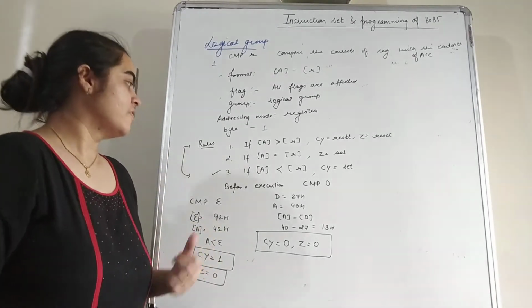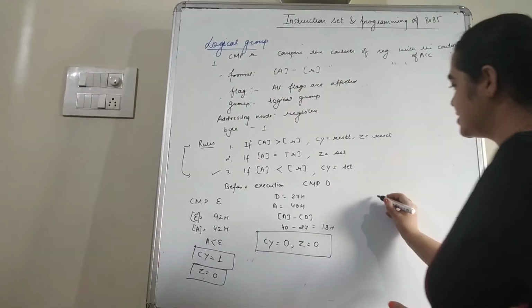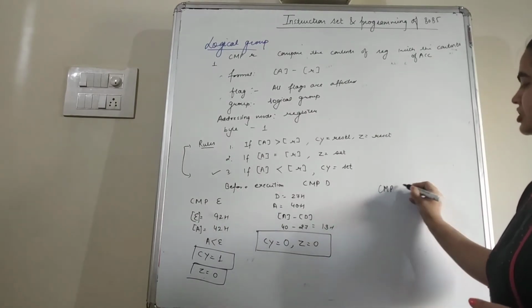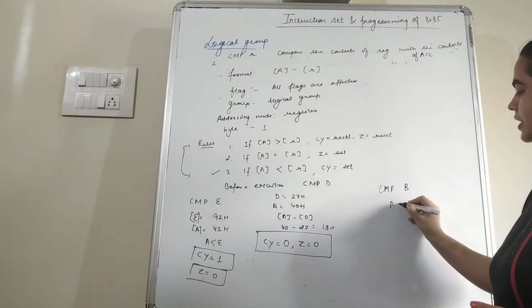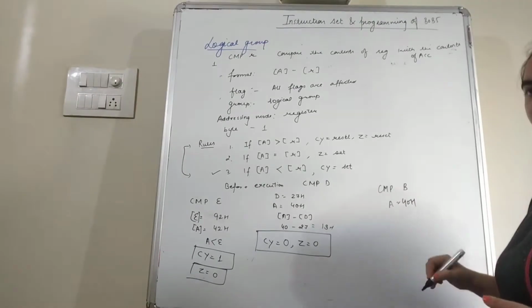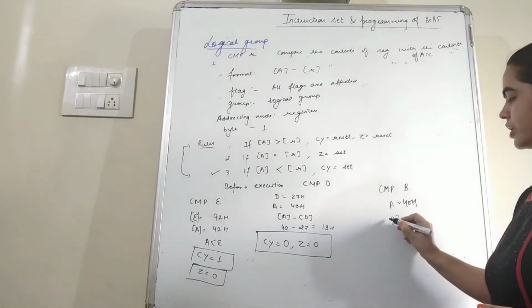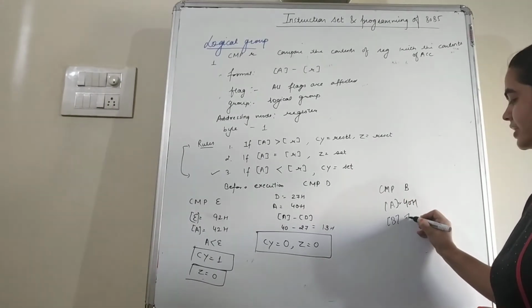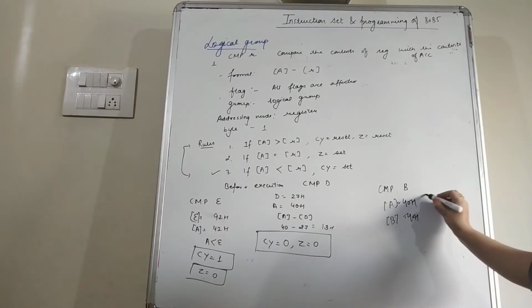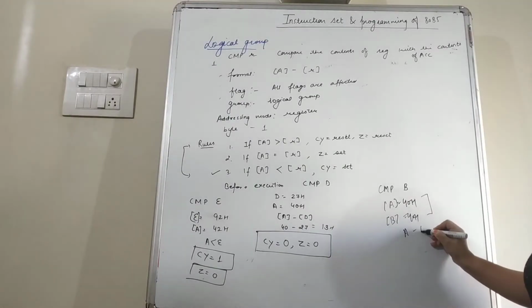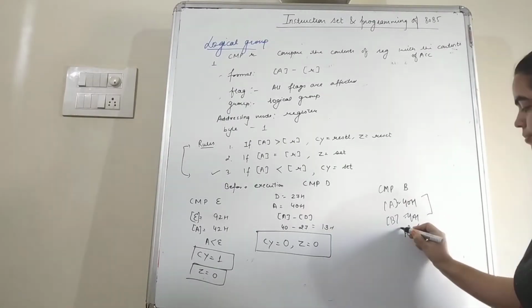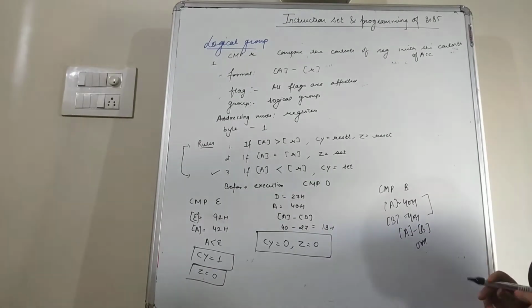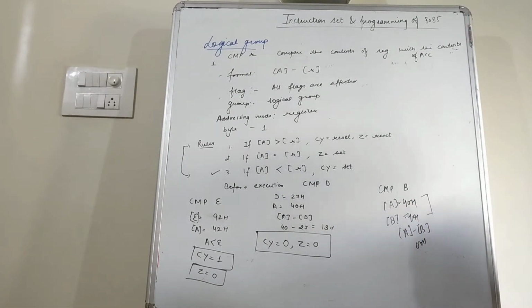So in this case CY is equal to 1 and Z flag equal to 0, because the result is non-zero according to this value. Now third we can see, suppose we have an instruction that is CMP B, and in accumulator we have contents 40H, and also in B register we have contents 40H. So when we compare A with the contents of B, then the result is 0H, because 40 minus 40 is 0.